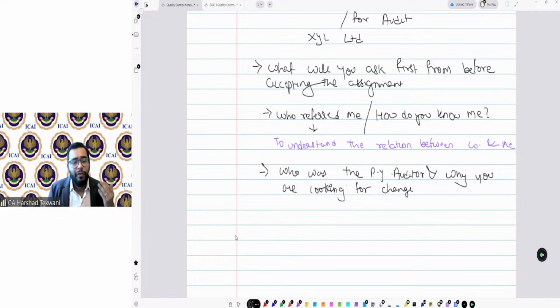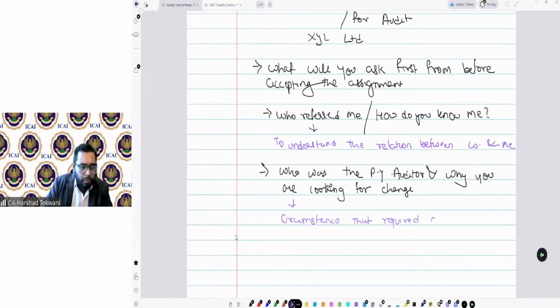So I will ask who was the previous year auditor and why you don't want to continue with that auditor. This will give me clarity about the circumstances that require the change in auditor, and that will lead me to an area called integrity of client.